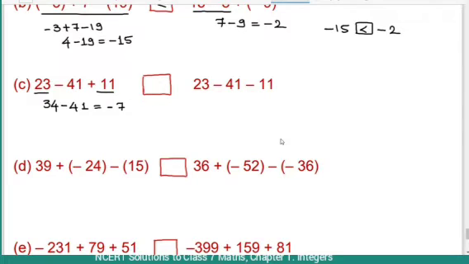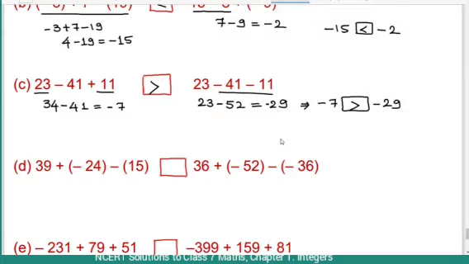And in the right hand side, 23 minus 41 minus 11. 23 as it is, minus 41 minus 11 is minus 52. 23 minus 52 is minus 29. Therefore, minus 7 is greater than minus 29.